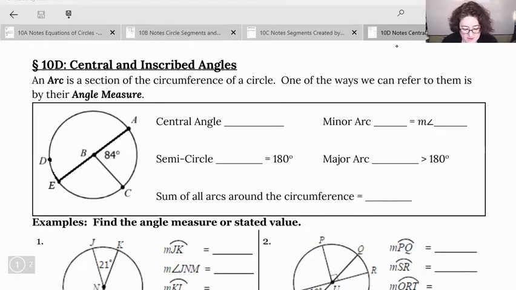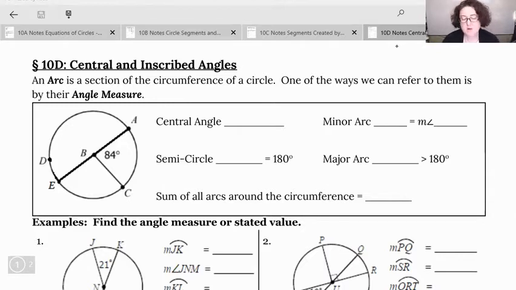So let's see here. We have an arc, which is talking about how much of the circle we've traveled through. It's just a section of that curved part, a section of the circumference of our circle. And we're going to refer to all of our arc measures as what angle they compare to.